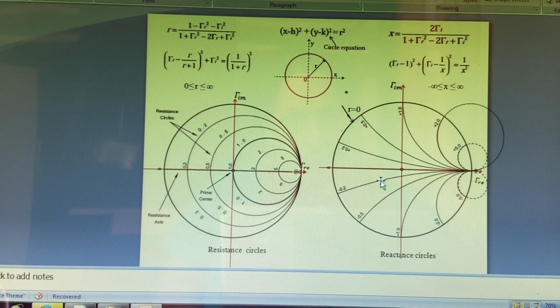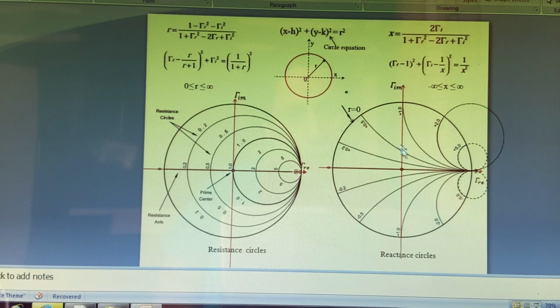The circles in the upper part of this chart have positive reactance values, and below are the negative reactance circles. So on the Smith chart there are reactance circles like this. If you move over this circle, the value of reactance remains the same, equal to 1.